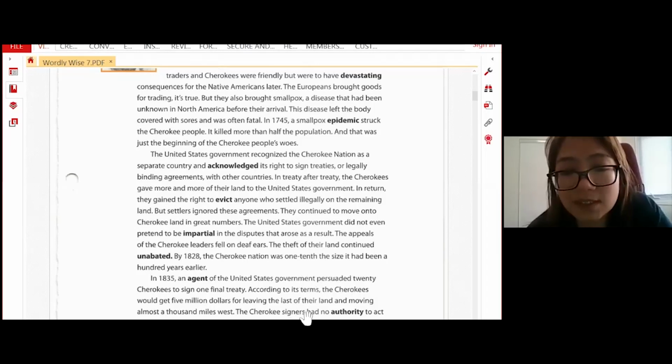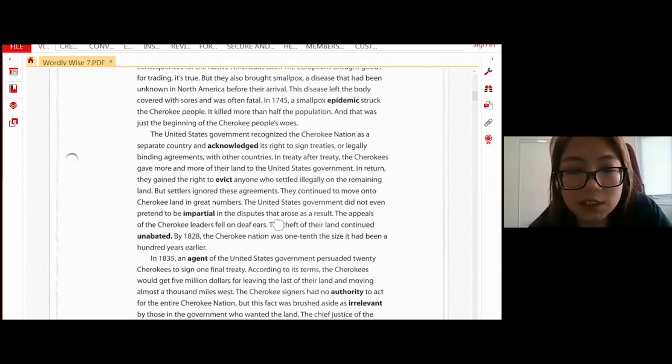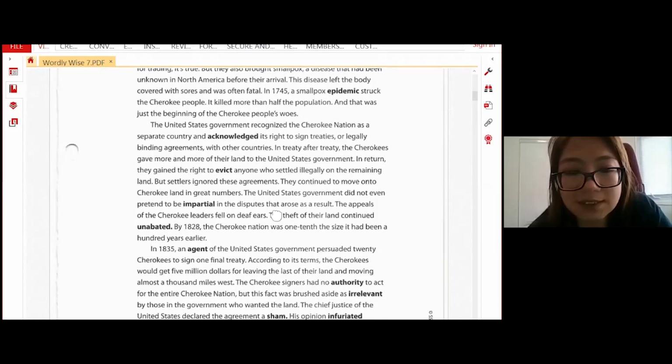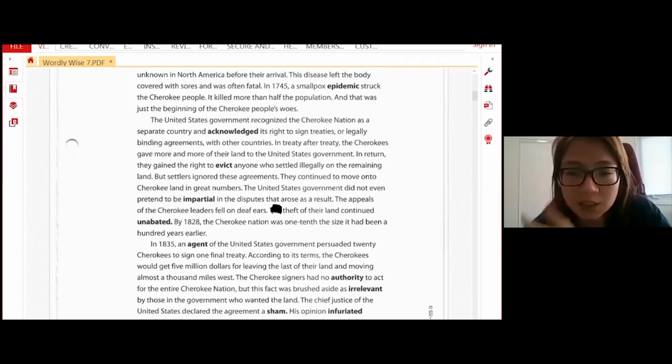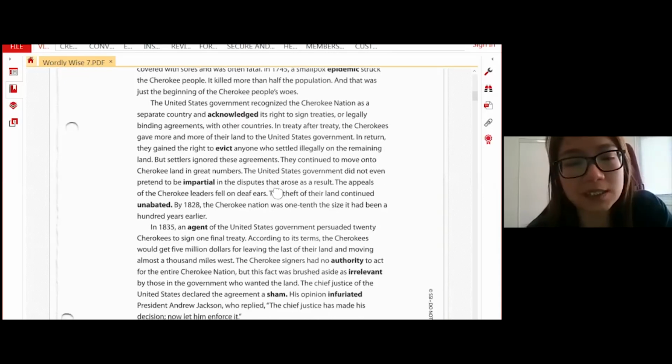The Cherokee signers had no authority to sign for the entire Cherokee nation, but this fact was brushed aside as irrelevant by those in the government who wanted the land. The Chief Justice of the United States declared this agreement a sham. His opinion infuriated President Andrew Jackson, who replied, "The Chief Justice has made his decision, now let him enforce it."